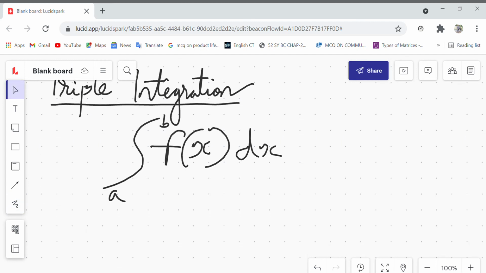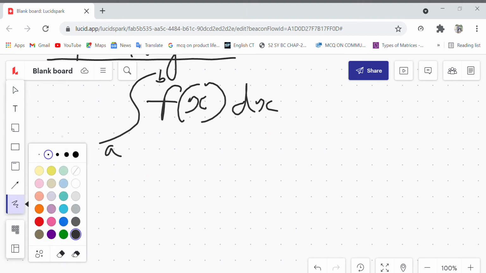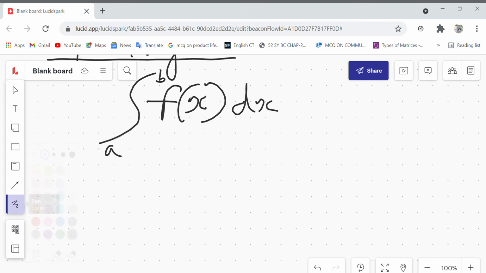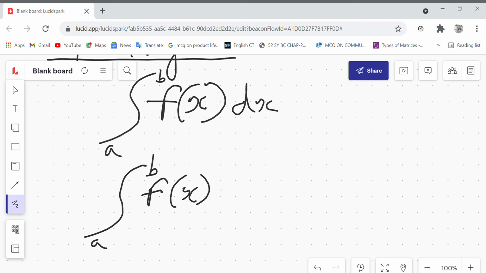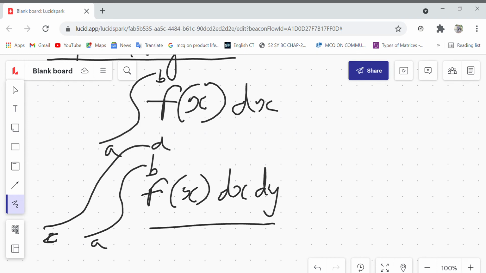Now we dealt with double integration, integration a to b, f(x) dx dy, then again integrating this as c to d. First we have to integrate this, then we have to move forward with this. Now for triple integration, same case.